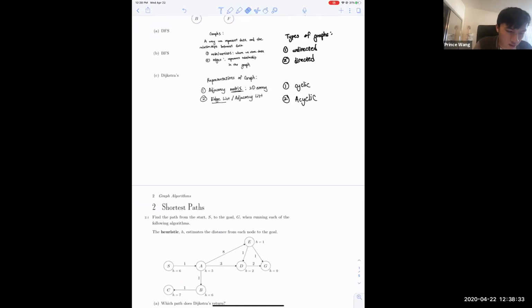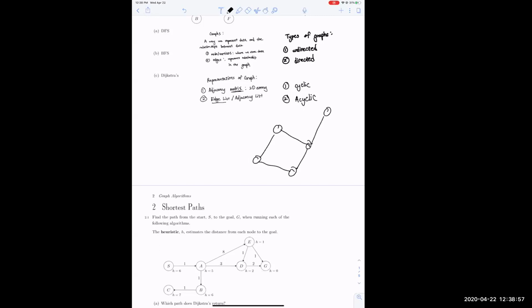So here's an example. Okay, is this graph a cyclic graph or an acyclic graph? What do you guys think? Acyclic?